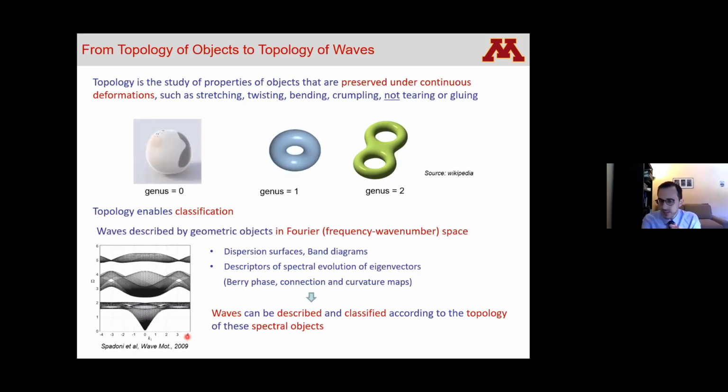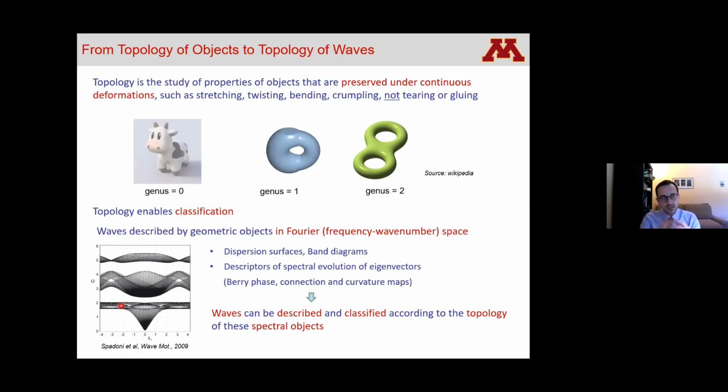Now, nothing prevents us from performing a topological description of this geometric object. By doing that, we end up obtaining a classification of the different wave phenomena that these geometric objects represent. And this is precisely the game that physicists have been playing for a few years now.